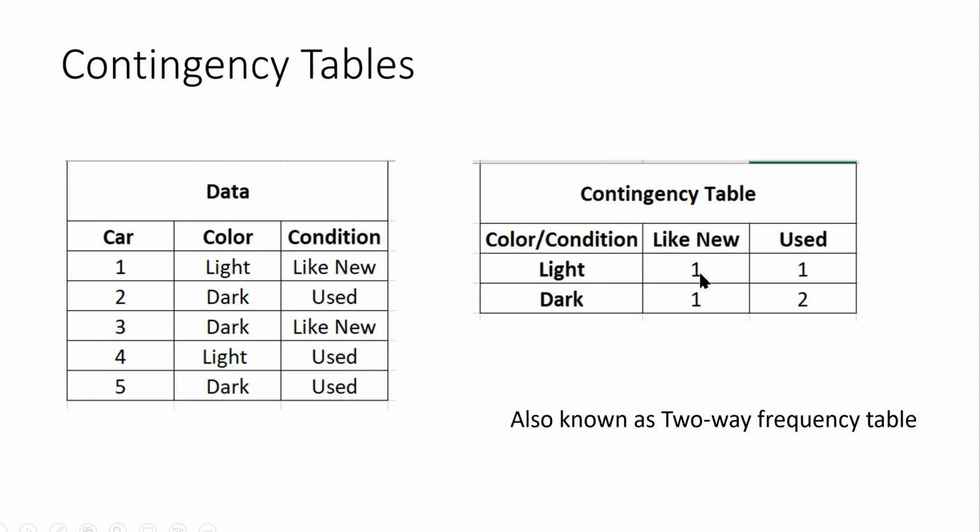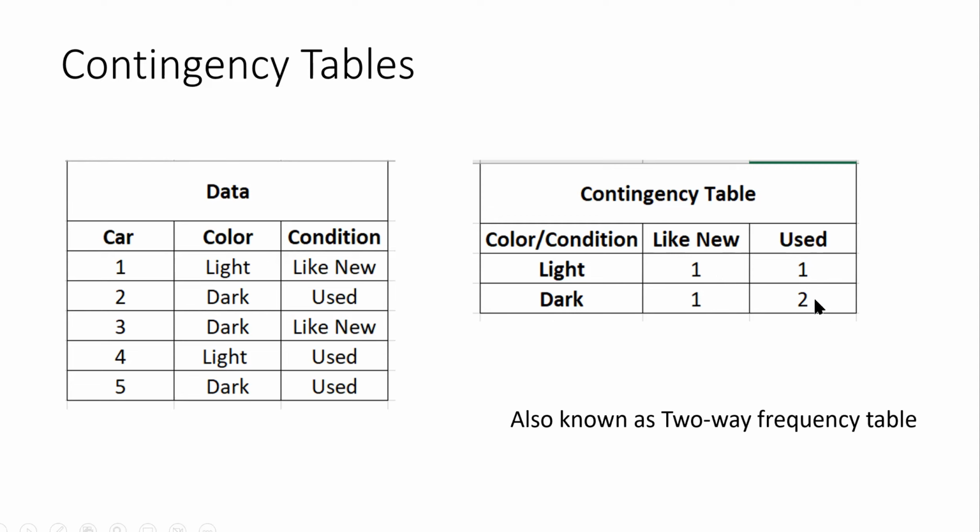So that means that we have one car that's light and like new. And then when we look at this value 2, we look up, we see that it says used, and then we look to the left and it says dark. So that means we have 2 cars that are dark color and used. Okay, so that's how you read these tables.